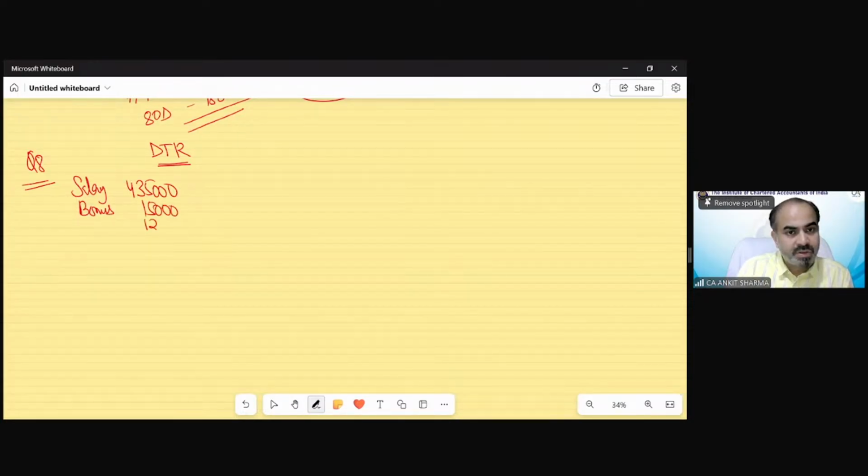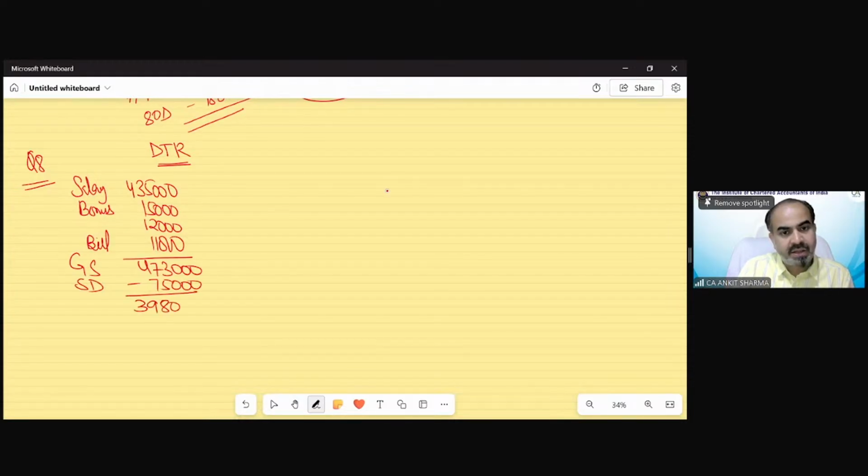Then 12,000. Salary obligation of the employee met by the employer, that is 11,000. So total gross salary is 4,73,000. Standard deduction 75,000. That would be 3,98,000.